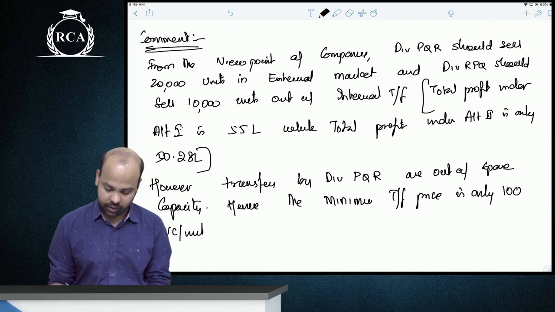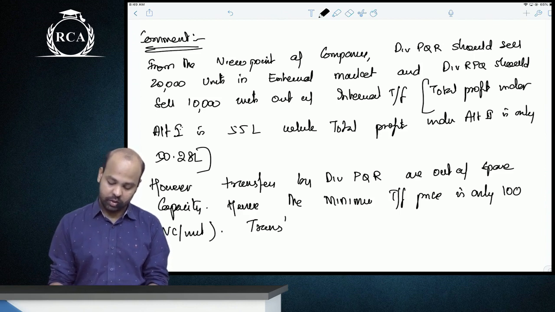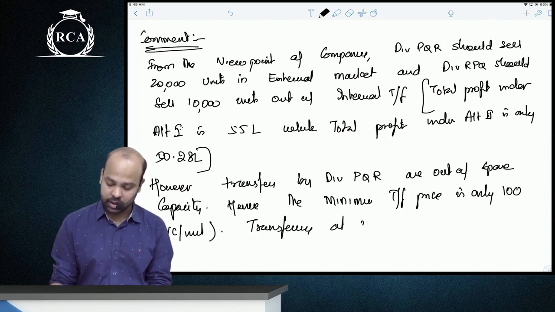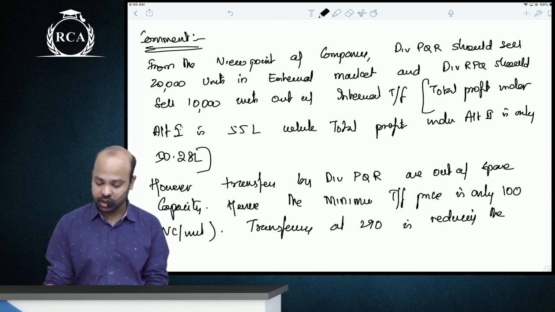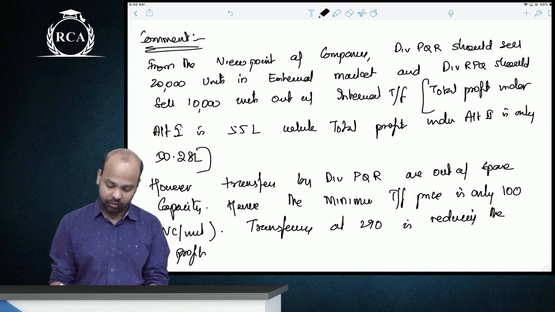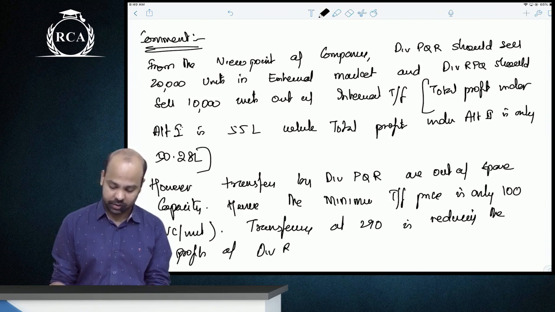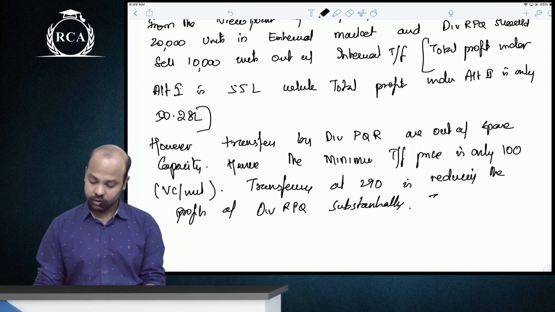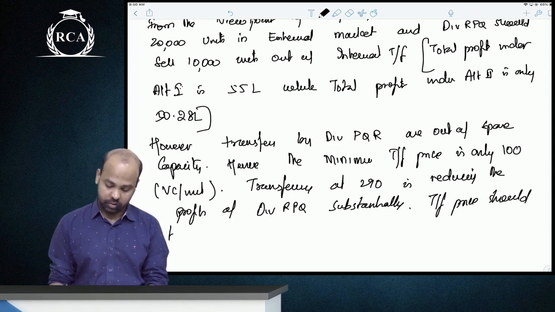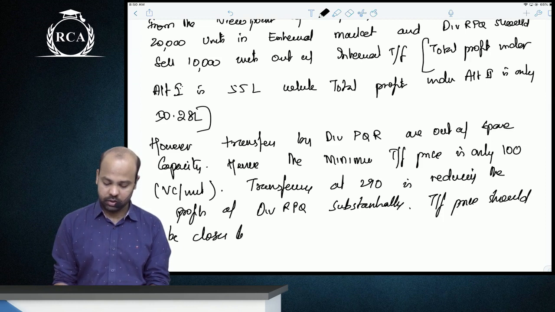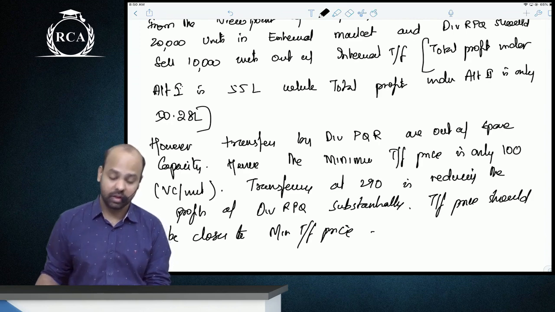Transferring at 290 is reducing the profits of division RPQ substantially. Yes or no, guys? The transfer price should be closer to the minimum transfer price, or say better, as they've decided in the question, 120 rupees.